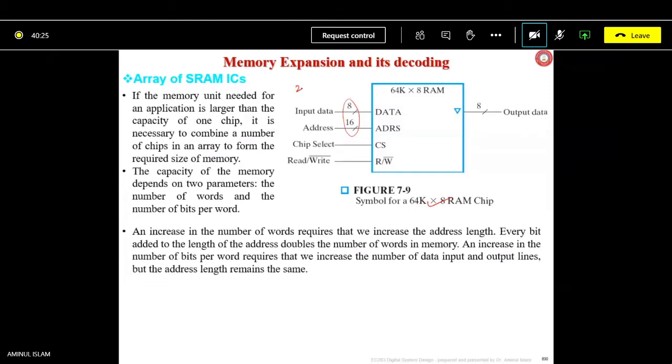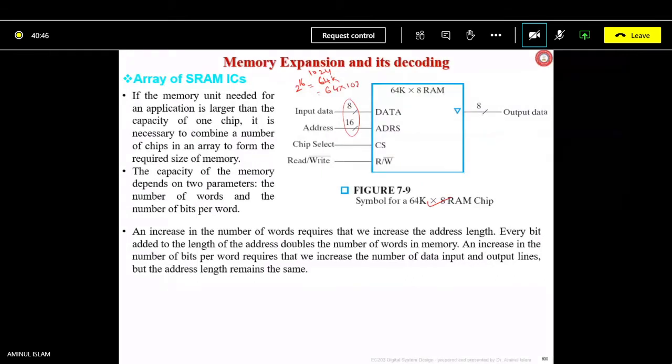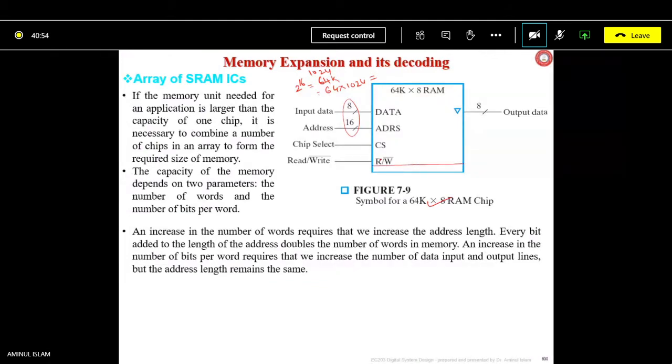2 to the power 16 means what? 64K. Okay, 1K is 1024. So if you multiply 64 into 1024, what is the value? Calculate and tell me. Those many addresses are there, meaning those many rows are there.